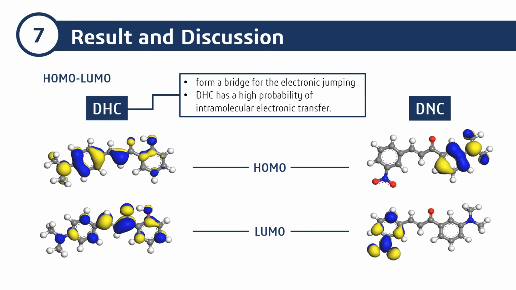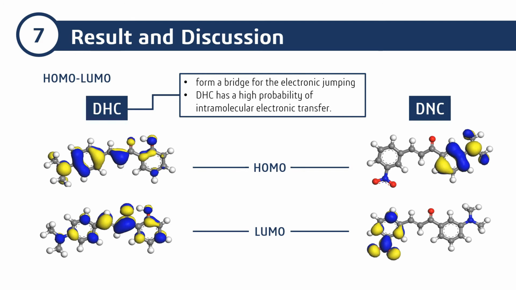This shows that HOMO and LUMO in the DHC molecule form a bridge for electronic jumping from HOMO to LUMO through the entire molecule of DHC. This indicates that DHC has a high probability of intramolecular electronic transfer, which increases the fluorescent ability.